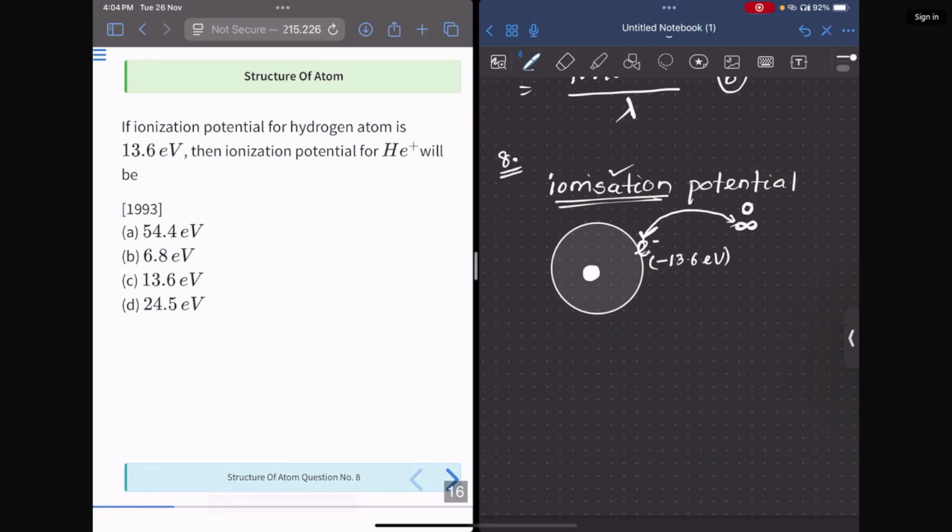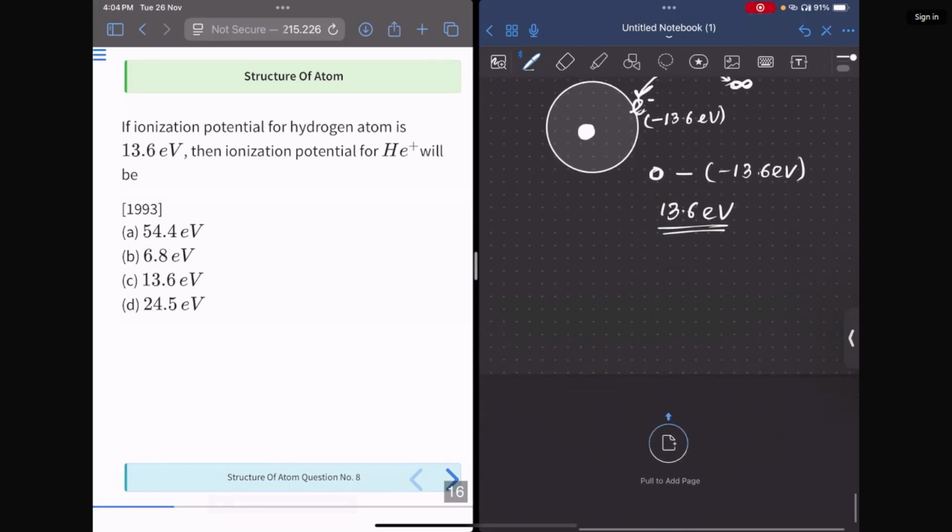How much energy will be required? 0 minus minus 13.6 electron volt, that means 13.6 electron volt. This is the correct way of calculating ionization potential. We have to subtract the energy of the electron from 0.